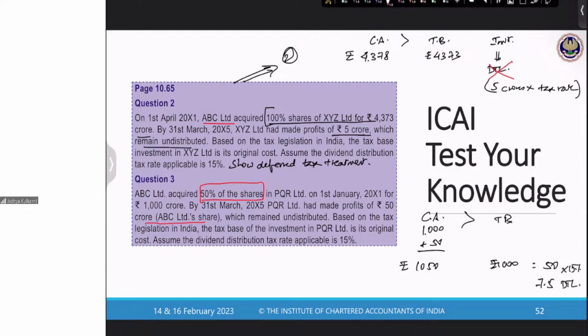And because I am not able to control, do I have to recognize the DTL? Answer is yes. Recognizing the DTL becomes mandatory in this case, because ABC is not in a position to influence the distributability of dividends of PQR Limited. Is it okay?